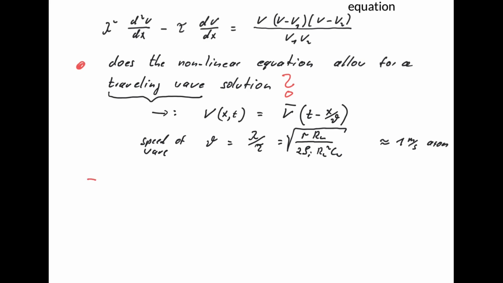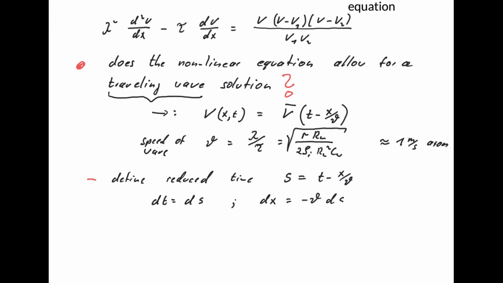Now, keeping this in mind, and that we're really after a traveling wave solution and not a very general solution to this complicated equation, we now define a reduced time s, which is equal to t minus x divided by theta. By that, dt is equal to ds, and dx will change to minus theta ds.